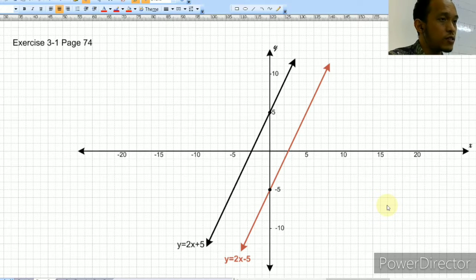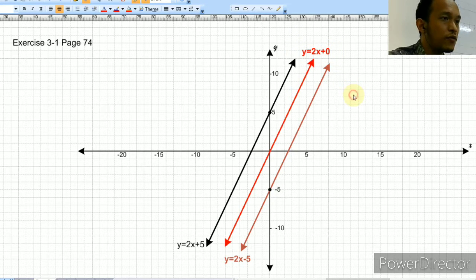Then if I add another one, for example y equals 2x plus 0, we will have this as your graph. What are the similarities of these equations that make a pattern in these lines?